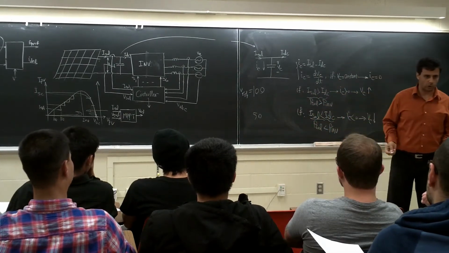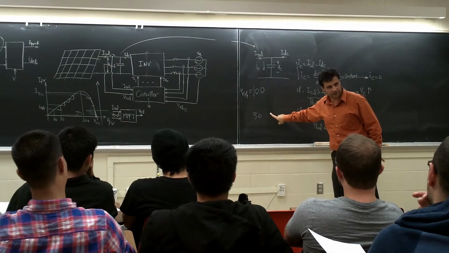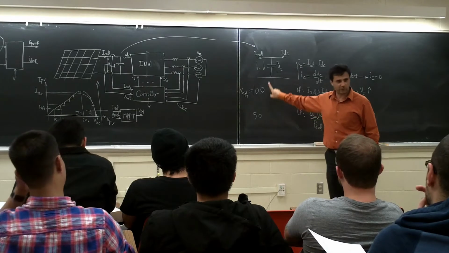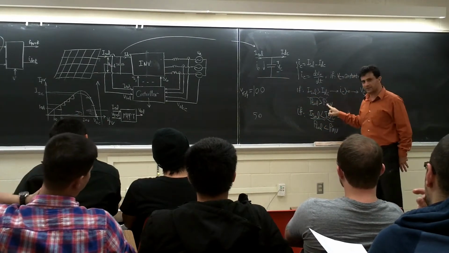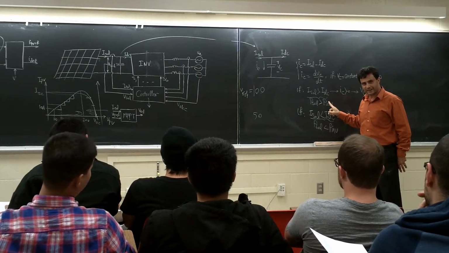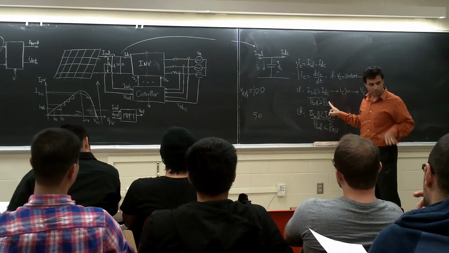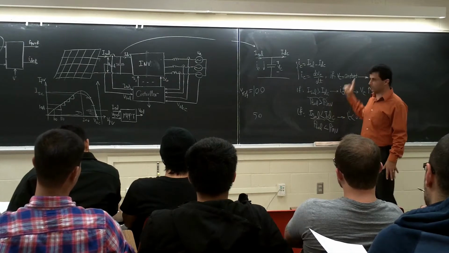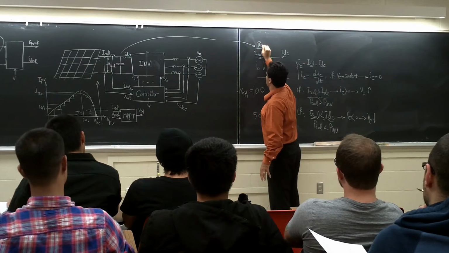MPPT is telling me what to do. It says I want 100 volts, but you are at 50. What should I do? I should increase my voltage. Increasing my voltage means decreasing P inverter. If I reduce my P inverter, this one is going to go up. This is P sold. You can just put it here also.